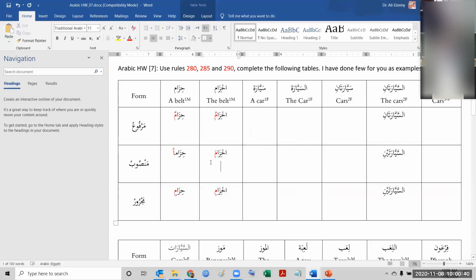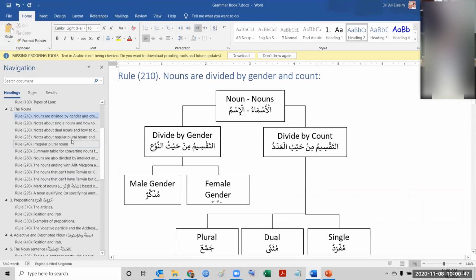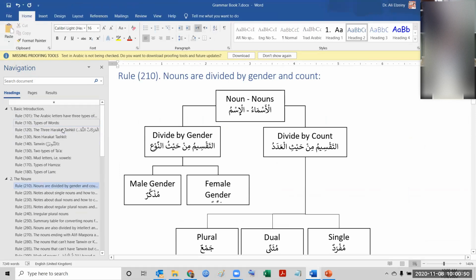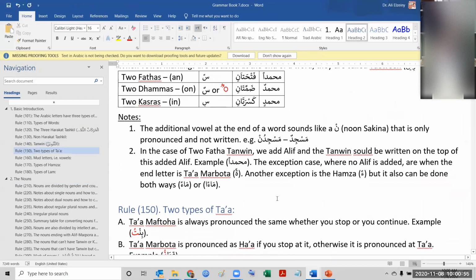If the tanween is fatha, we add an alif. And we see this right here in the rules. Tanween, we say, if you have tanween fatha, it takes an alif. You don't put the tanween on the top of the letter, you put the tanween on fatha and alif.